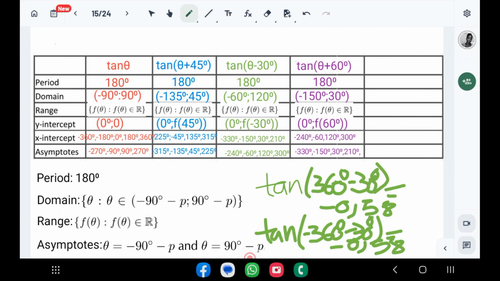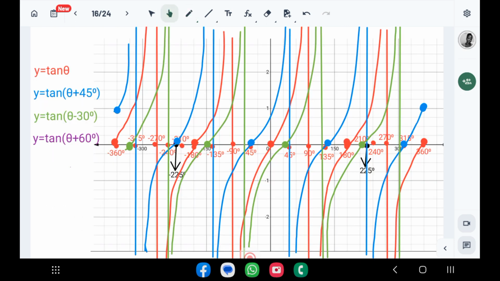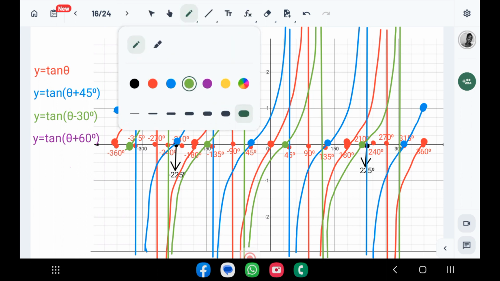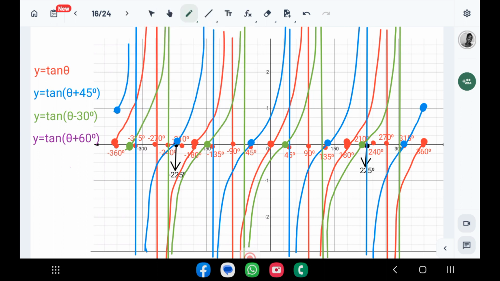Okay, so negative 0,5 is over here. Negative 0,5, that's negative 1. Negative 0,5 is there. Negative 0,58 will basically be right here below. Negative 0,58, that will be down there.